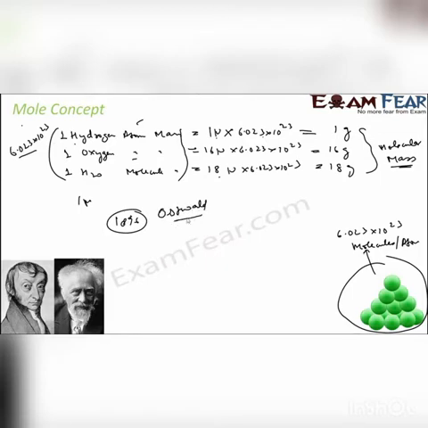It is derived from the Latin word for heap or pile. The Latin word for heap is mole, and it is also similar to molecule. The substance is considered to be a heap or pile of atoms or molecules. That is the concept of mole.